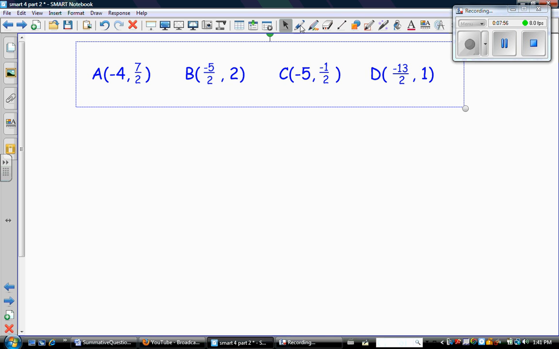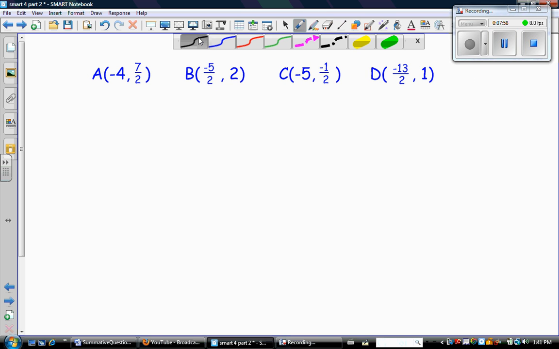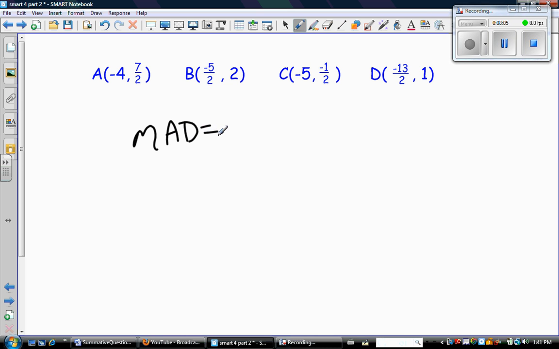So, I was finding the slope of side AD. You know the slope formula, I'm not going to write it again. It's y2 minus y1 over x2 minus x1. So, negative 13 over 2 minus negative 4.